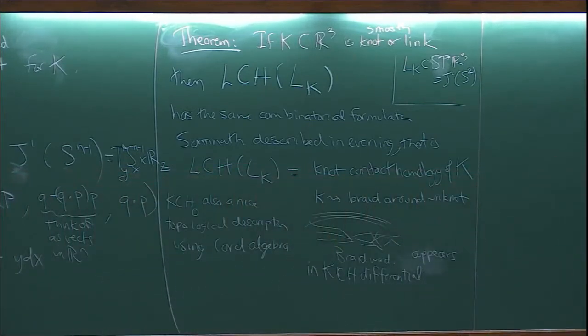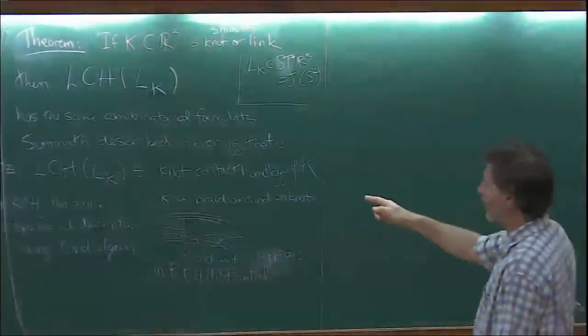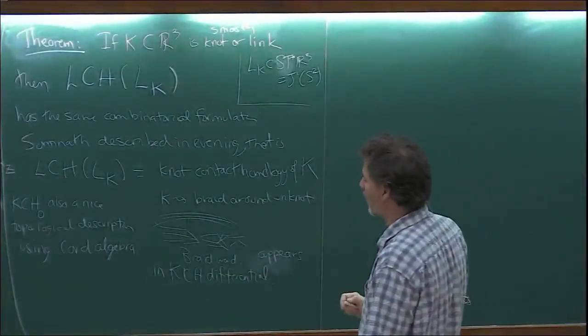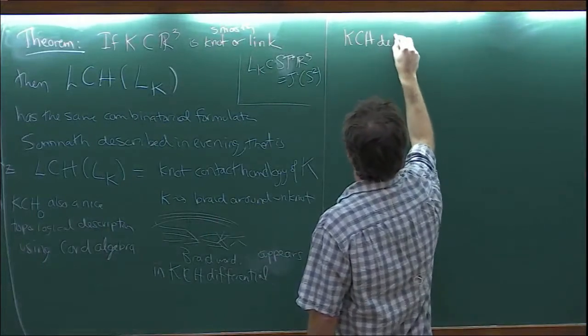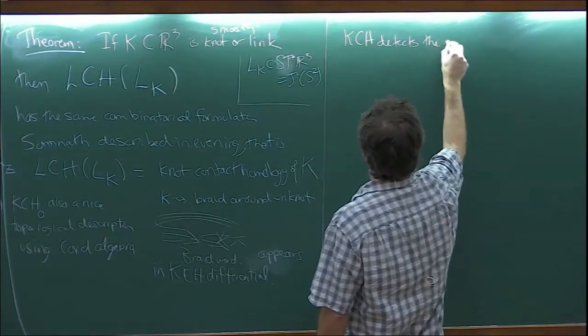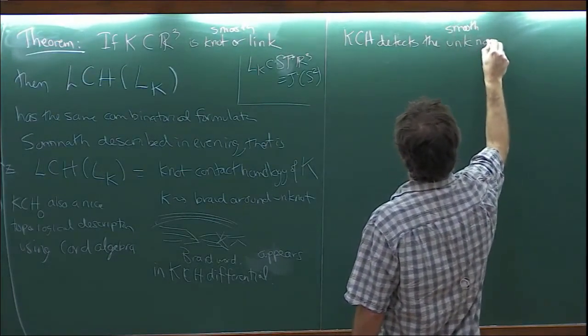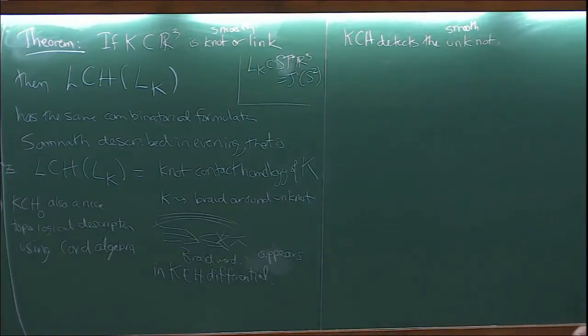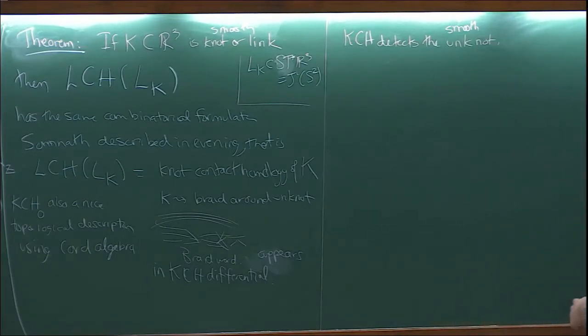One of the outcomes of this: Ng showed that his knot contact homology, this combinatorial invariant, detects the unknot. That is, its value is different on all other knots.